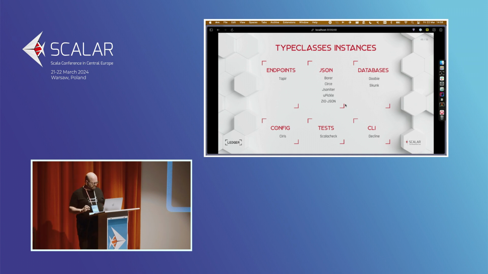For JSON, it supports 5, maybe 6 now, libraries, and a bit more because Borer also supports CBOR. For databases, there's integration with Doobie and Skunk. If you want to write your own integration, I will show you after. And for other stuff, like config with Ciris, test with ScalaCheck, where all the arbitraries are generated for your constraint types, and decline for the CLI.